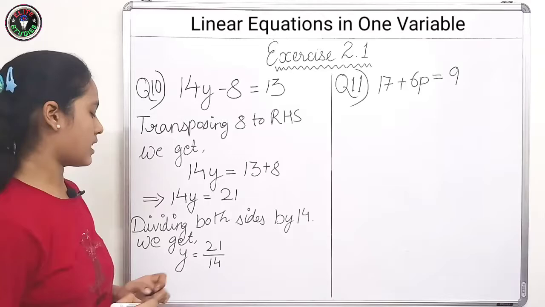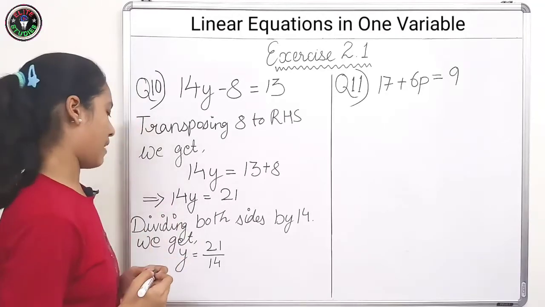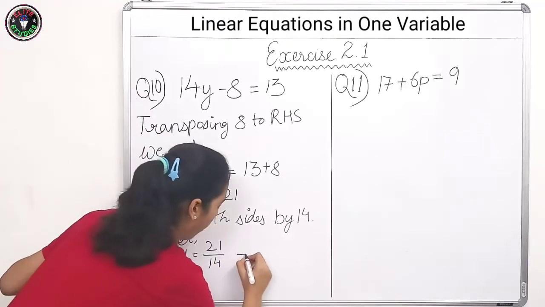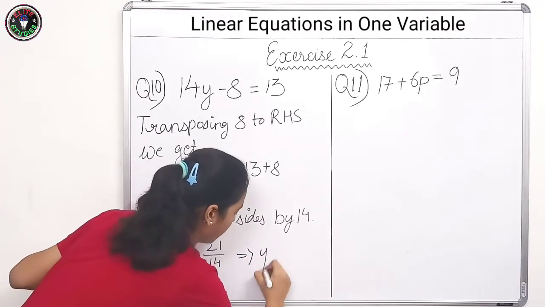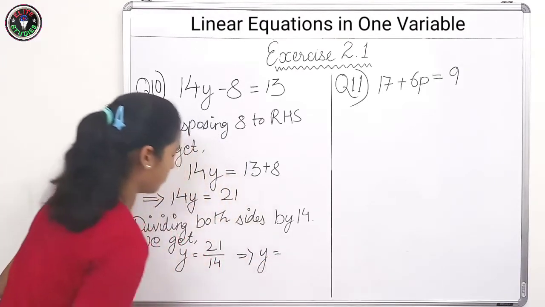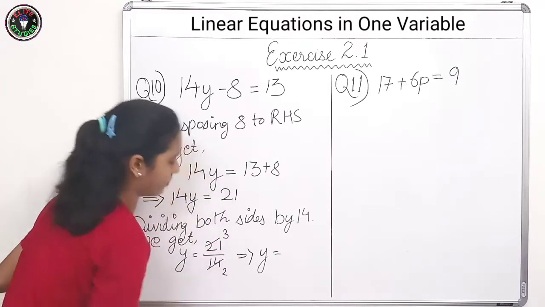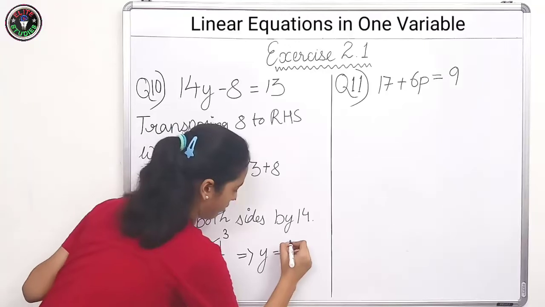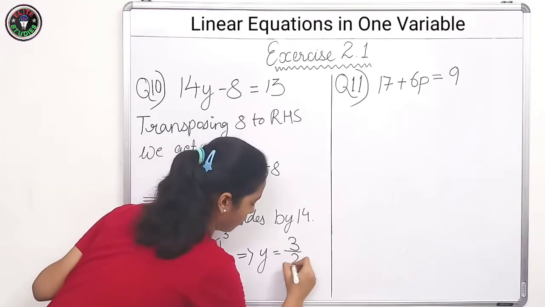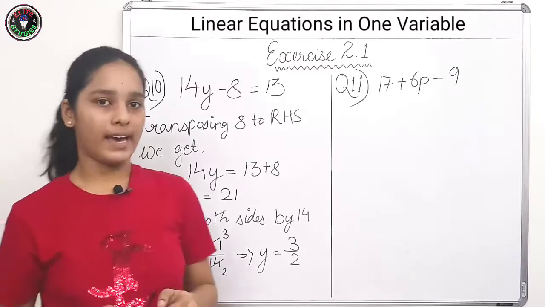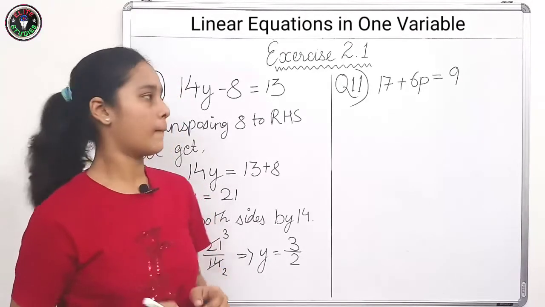We can very well see that 21 by 14 can be brought to the simplest form, or y is equal to 7 2s are 14, 7 3s are 21, or y is equal to 3 by 2. We got the value of y to be 3 by 2.